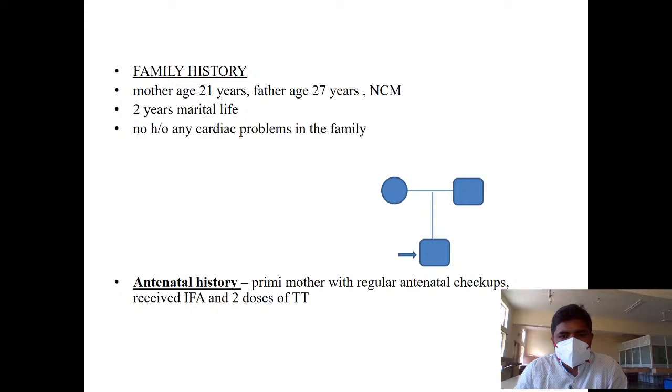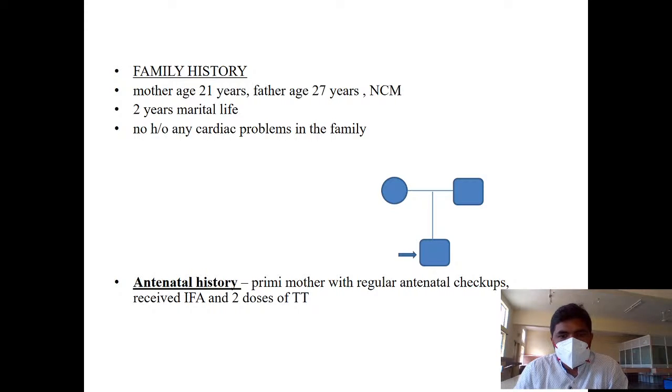Valproate and phenytoin can lead to particular cardiac defects in the fetus, especially VSDs and coarctation of aorta. So you need to ask for any history of teratogenic drugs or any radiation exposure.